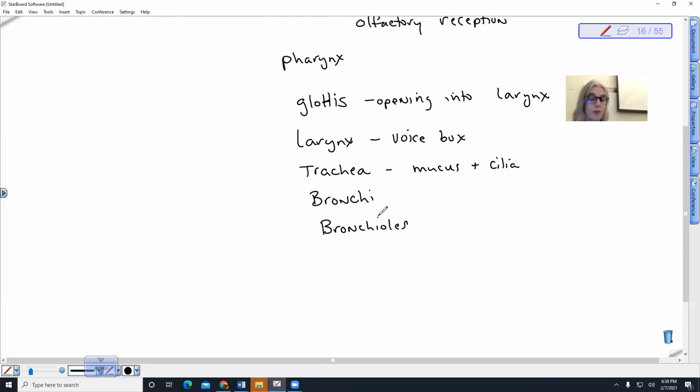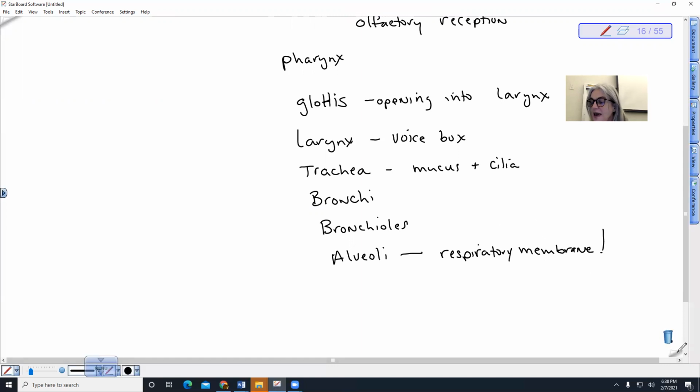So these are small bronchi. And then they finally branch into alveoli. And the alveoli is where we actually have the respiratory membrane. That is where diffusion of gases takes place.